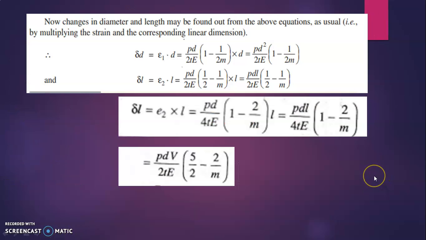Now I will just recall what I explained in the last class. Change in the diameter: circumferential strain is equal to change in the diameter divided by the original diameter.